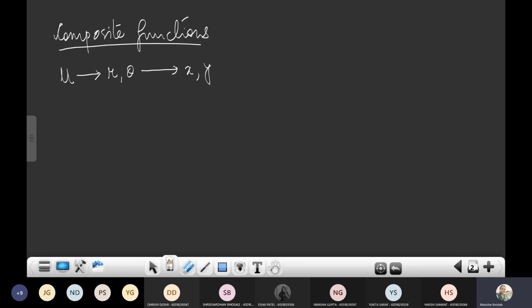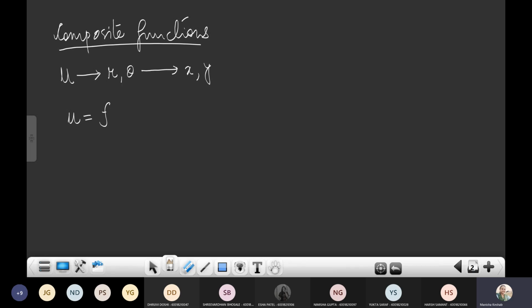For example, I say u is equal to, in terms of r and theta, r square, or say for example r square plus tan inverse of theta, something like that.